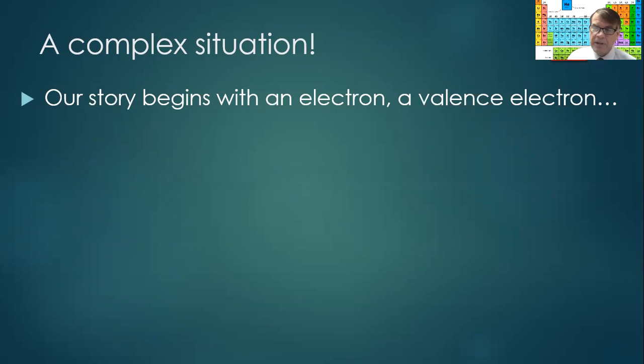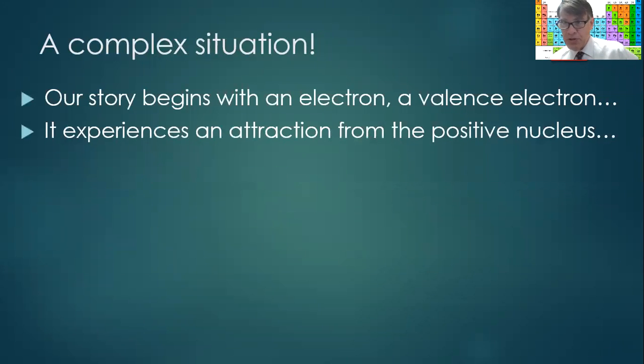I'm out here on the outskirts of Mr. Atom, and what kind of an electric charge do I feel from the nucleus? The nucleus is like the sun of the atom. It's way off down there, but it's exerting a force on me. What kind of a force is it exerting?